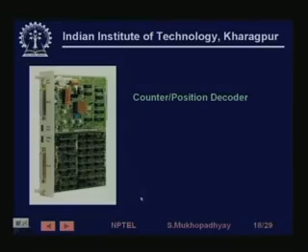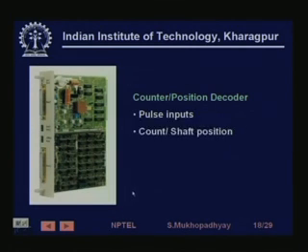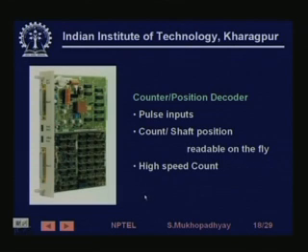This is a counter position decoder. Most counter modules can easily be used for this, because position decoding is often done by counting the shaft angle encoder pulses coming over a certain period of time, since every pulse means a certain small angle of rotation. So if you want a shaft angle position decoder, it is basically counting pulses.